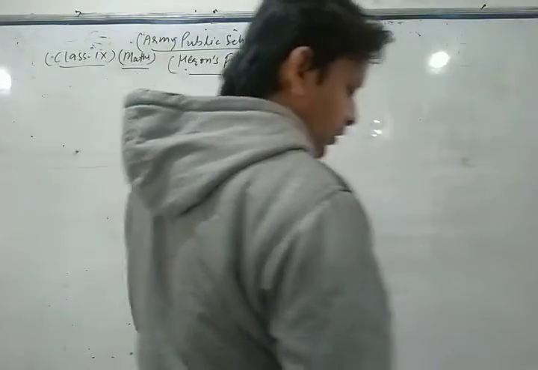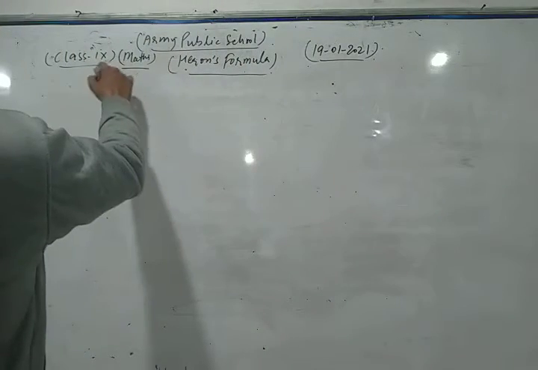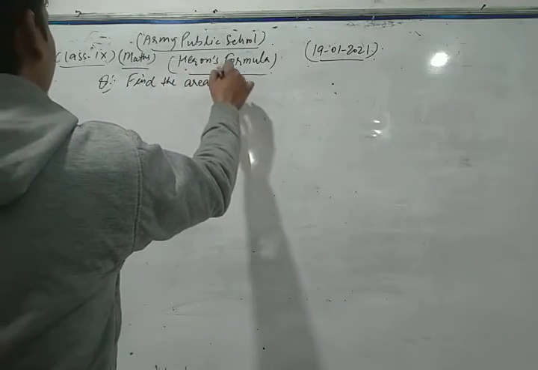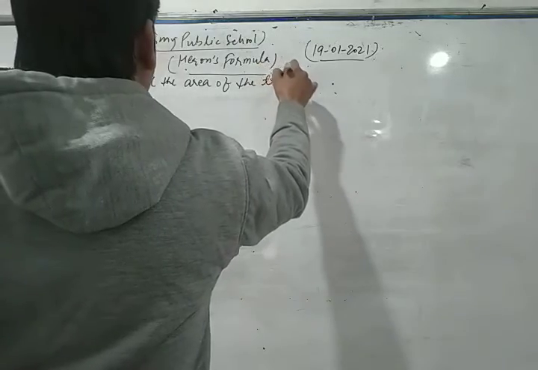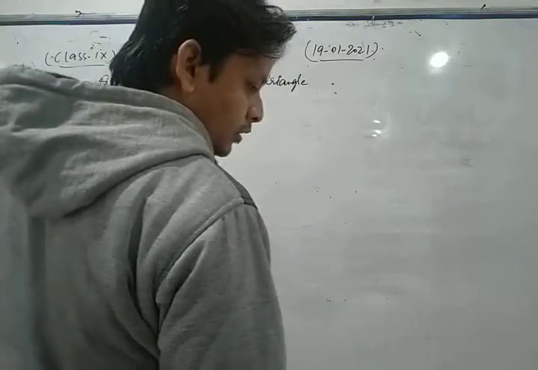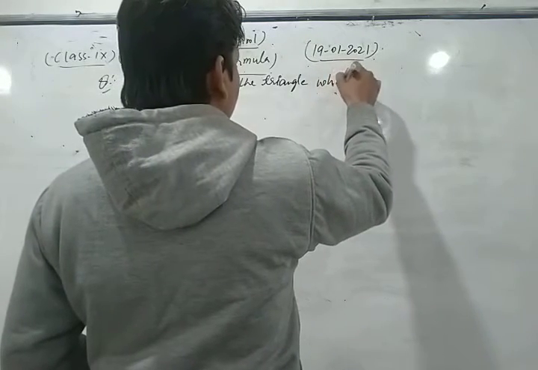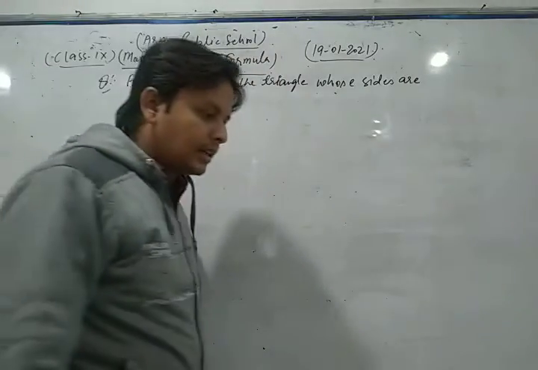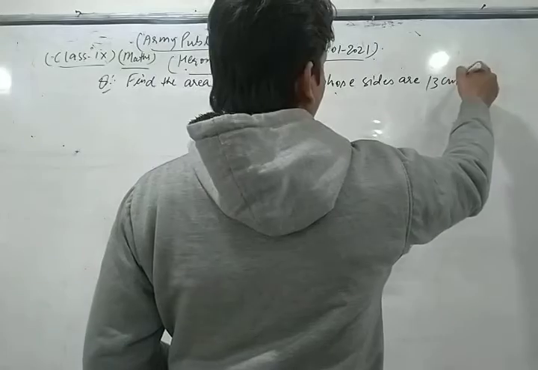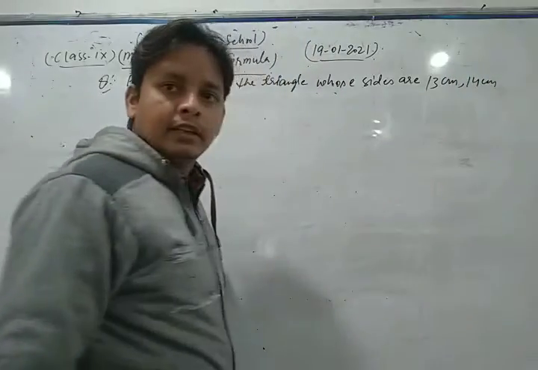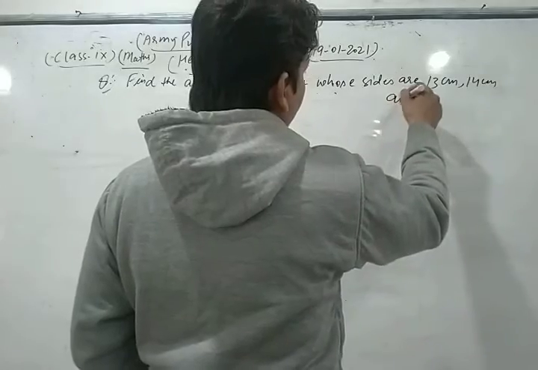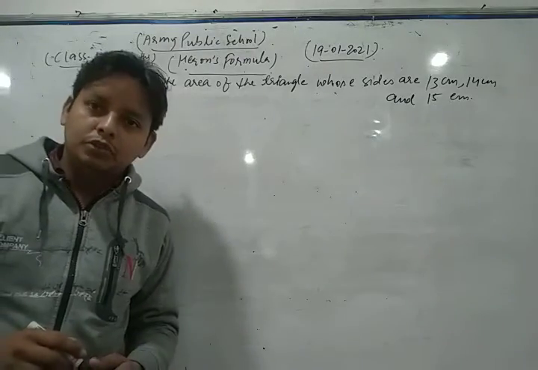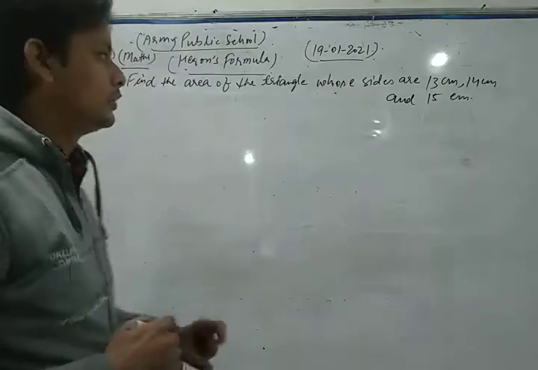The question is: find the area of the triangle whose sides are 13 centimeter, 14 centimeter and 15 centimeter. We have to find the area of the triangle. Now let's see its solution.